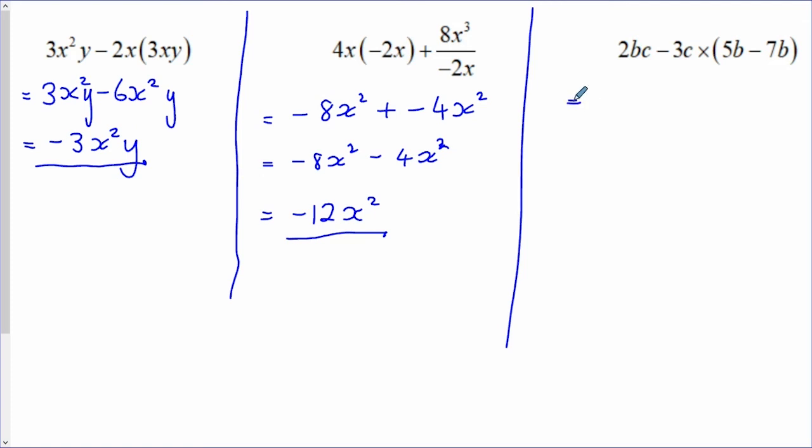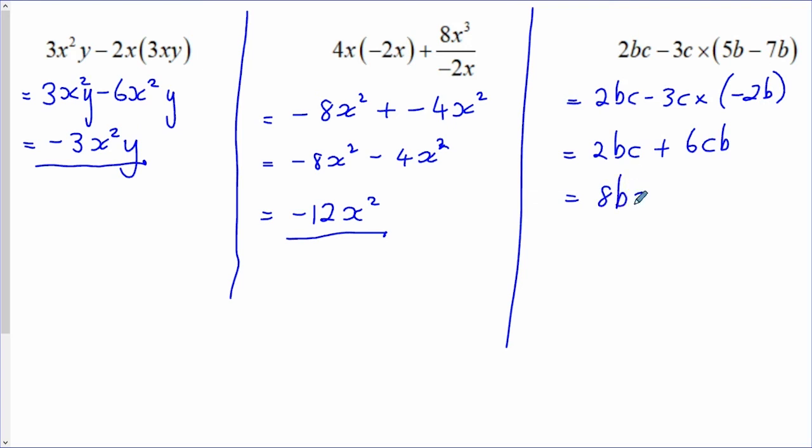So we're going to get 2bc minus 3c times by, now 5b minus 7b is negative 2b. Next, I'm going to do the multiplication. So I've got 2bc, I've got negative 3c times negative 2b, that's going to be plus 6cb. And this is important to realize that a bc and a cb are exactly the same, right? So we're going to get 8bc.